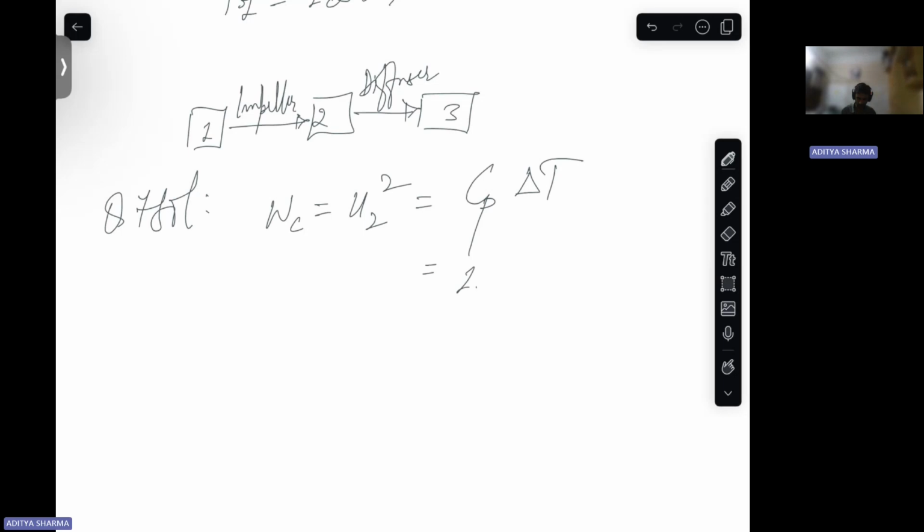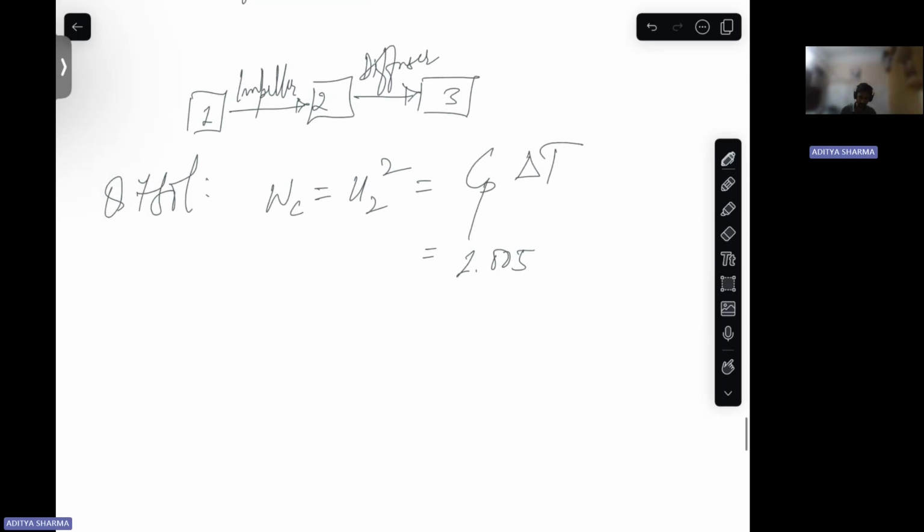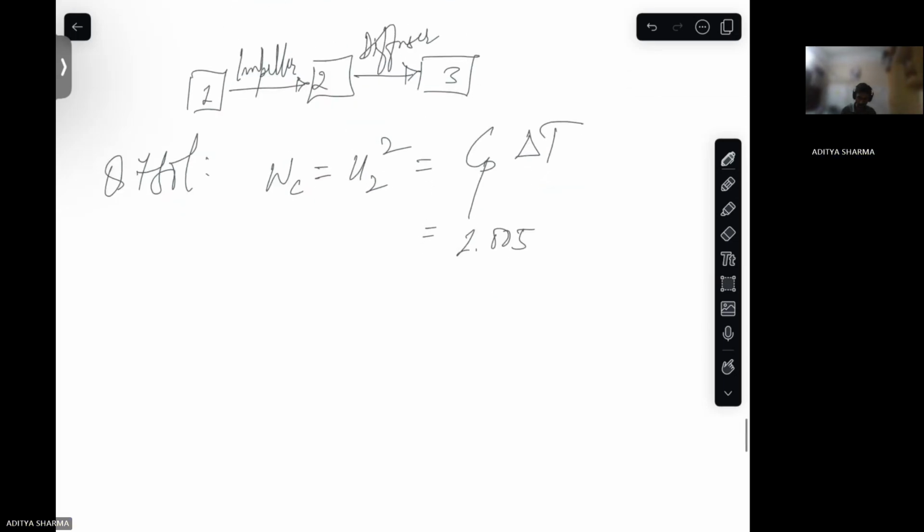Then here this is 1.005 kilojoule per kg Kelvin into your T naught 3 minus T naught 1. Then we have T naught 1, but do we have T naught 3?